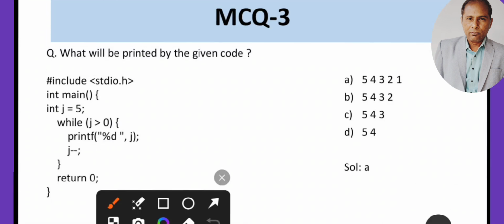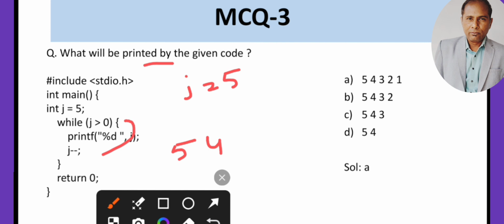Now if we talk about question 3, it is asking that j is equal to 5 and j should be greater than 0, and we are printing j. Initially the value of j printed will be 5. Now j is decremented by 1. Since j is greater than 0, it will be printed. Again j is decremented by 1, j will become 3.